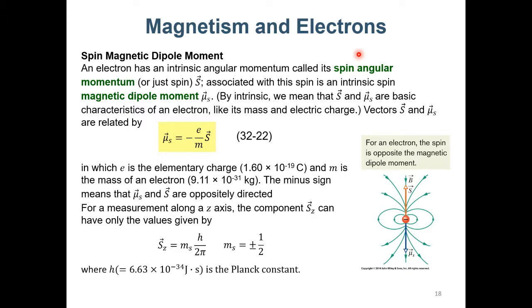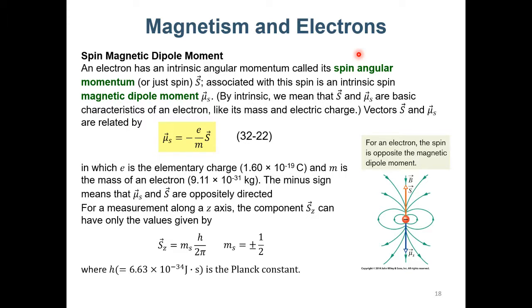So there will be some quantum numbers, the orbital quantum number, angular momentum, and so on. And as you know, the spin of the electron is 1/2 and -1/2.